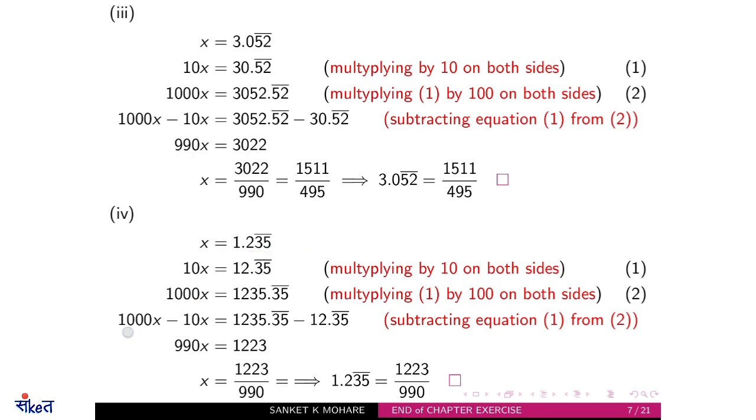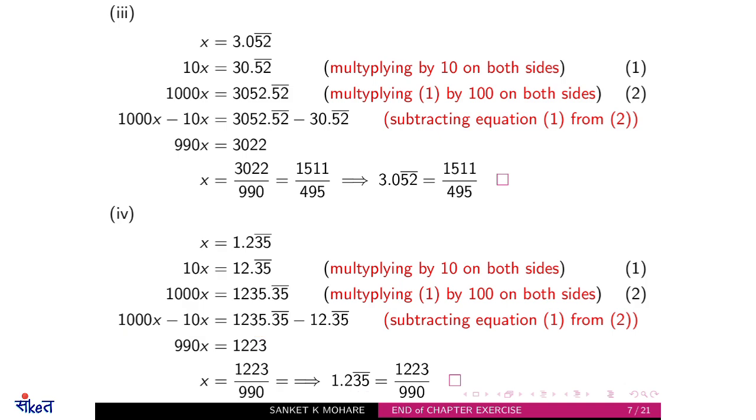Now subtracting equation 1 from 2 to find the value of x, 1000x minus 10x is equal to 1235.35 minus 12.35. So this equals 990x, and this equals 1223. Therefore x equal to 1223 upon 990, which is the required P by Q form for the decimal number 1.2 bar 35.